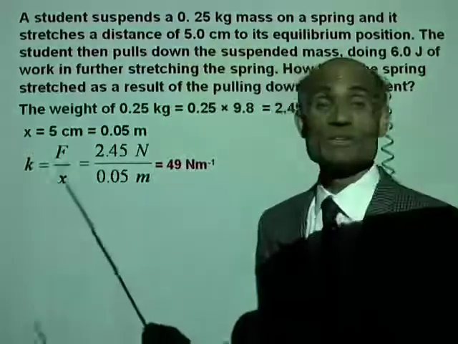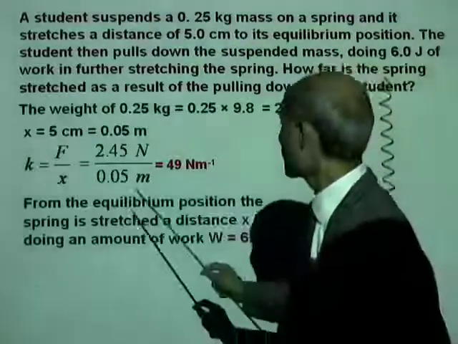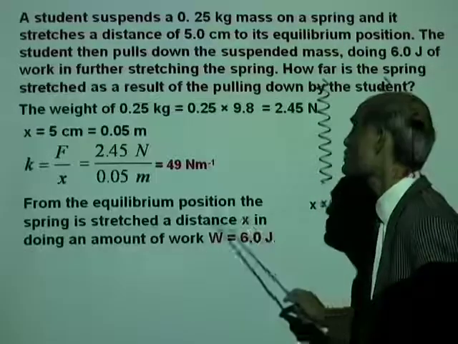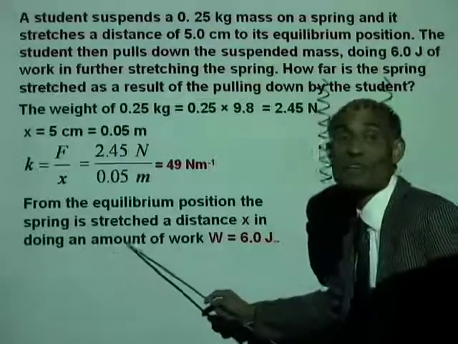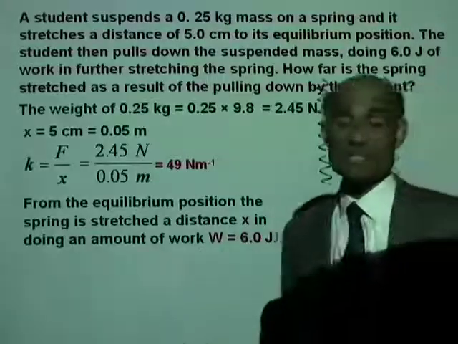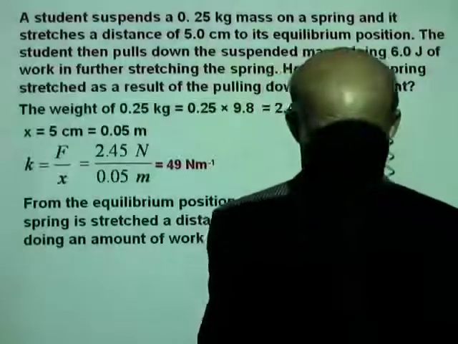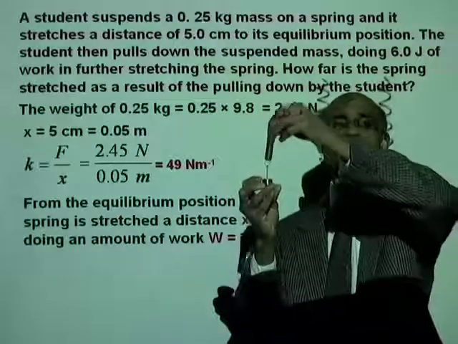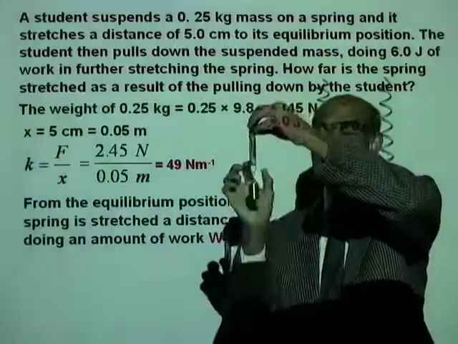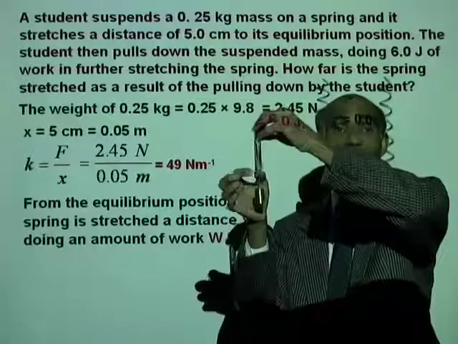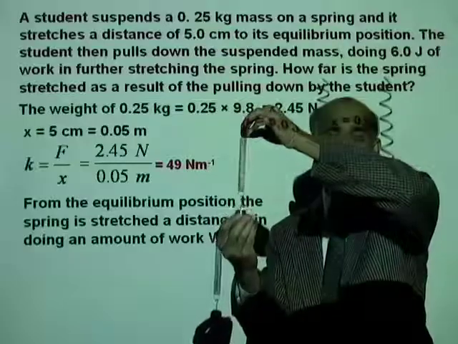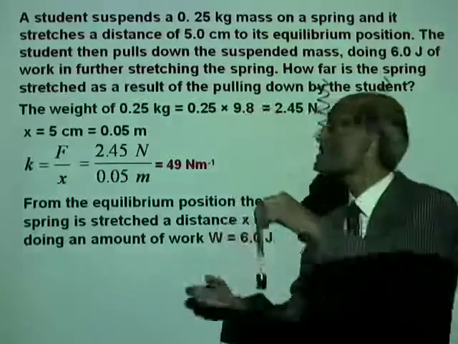Alright, let's now take the second part. From the equilibrium position, the spring is stretched a distance x in doing an amount of work W equal to 6 joules. Well, if this is the equilibrium position, now we're going to say x equal to 0 now, and the student applies a force doing a certain amount of work.